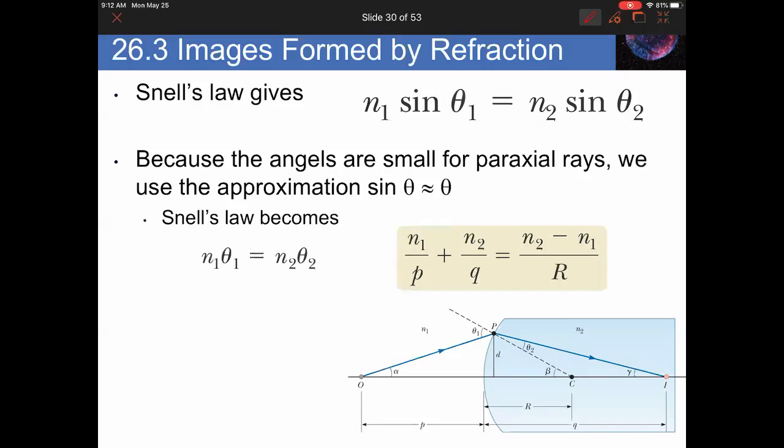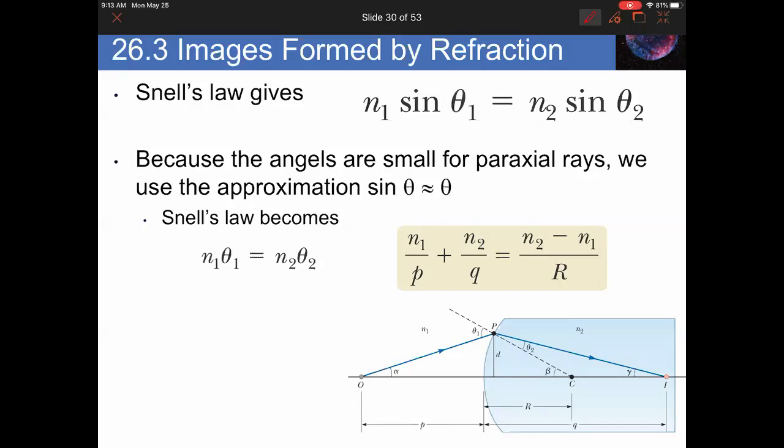Then we're going to use this to modify our mirror equation. This becomes the refraction equation, and it applies to lenses as well. But for this particular one, it's modified because now you have different indices of refraction 1 and 2. So it becomes n1 over p plus n2 over q equals n2 minus n1 over r. This assumes you have two different materials where n1 and n2 are not the same.